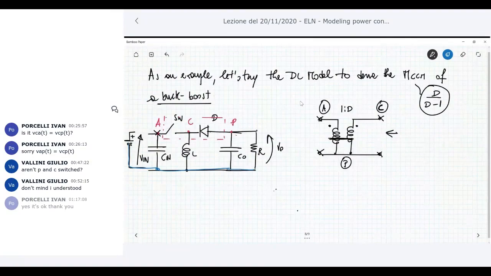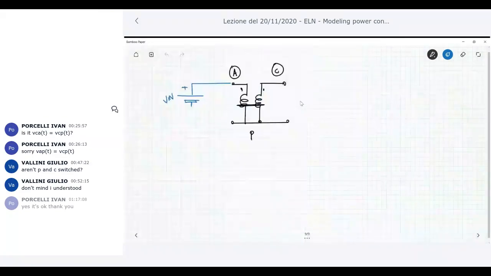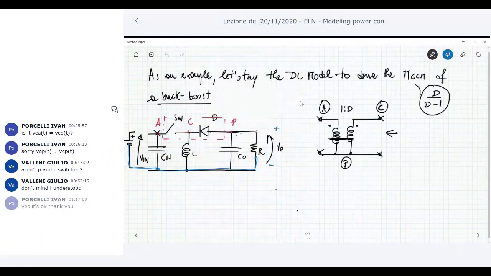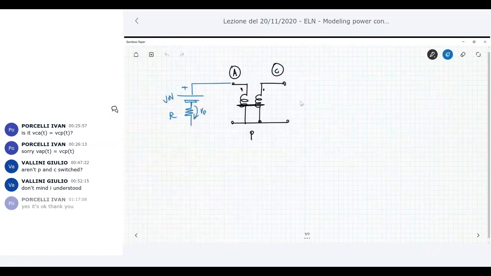This node is the node of the resistor, the minus polarity of the voltage V0. The positive polarity of the voltage V0 is connected to the passive, so here.